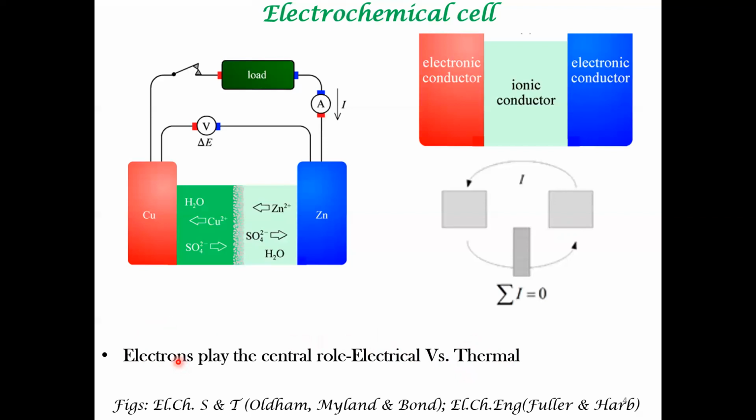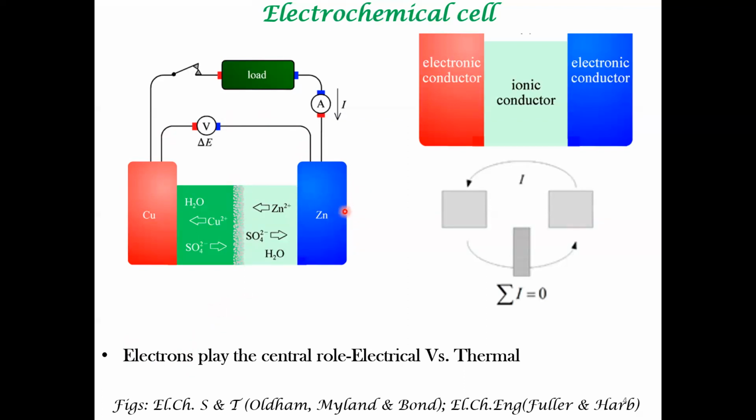Even if you have a battery, in a battery, there is an exothermic reaction that is taking place. This energy release because of the exothermic reaction gives you electrical power. Again, even in this case, electrons play an important, significant role. In fact, the potential difference that is generated in a battery will be interpreted in terms of the energy of the electrons between these two electrodes.